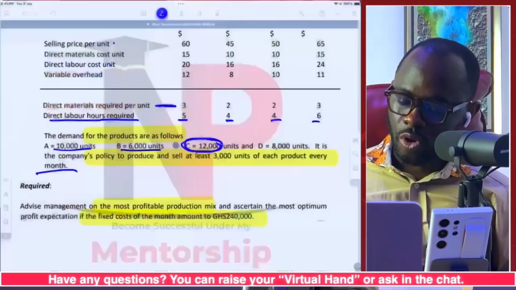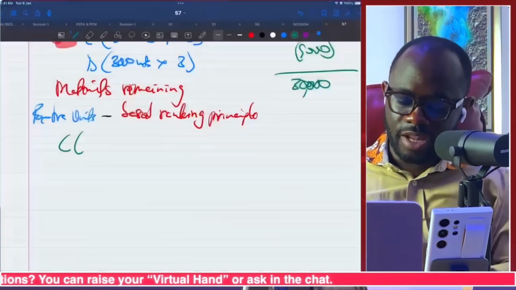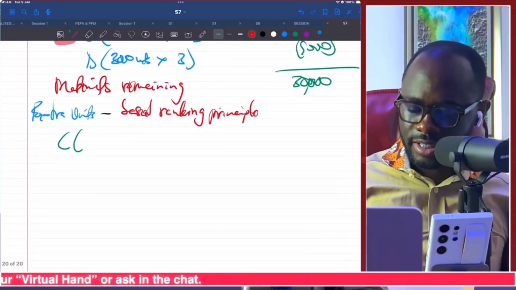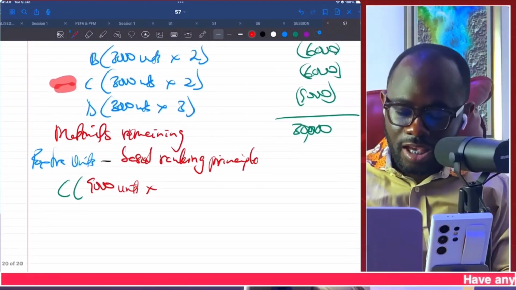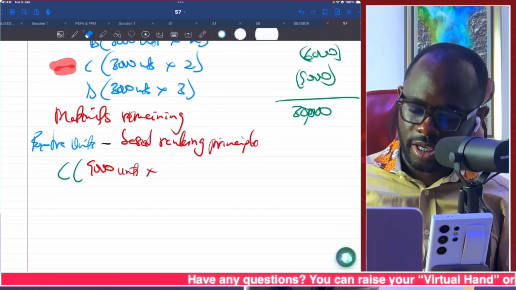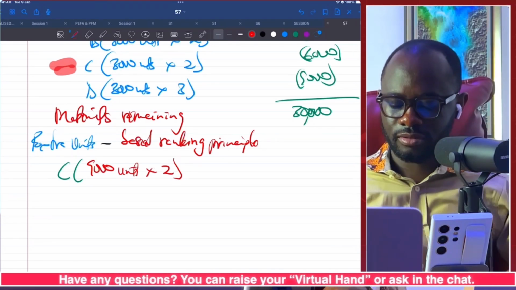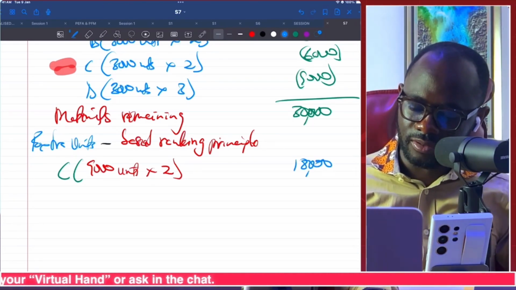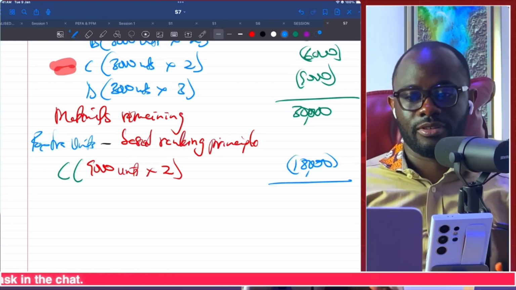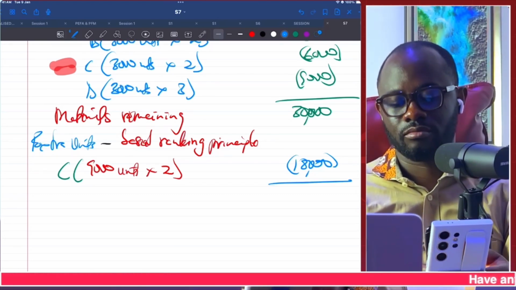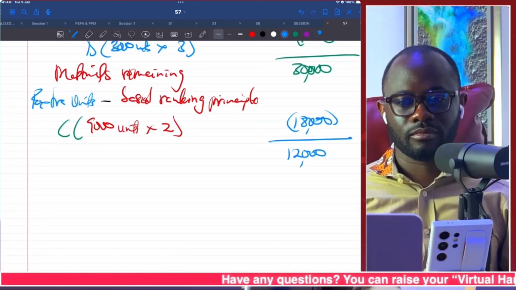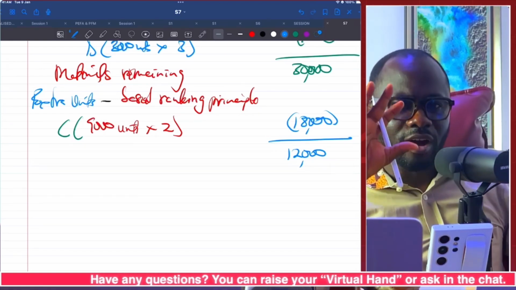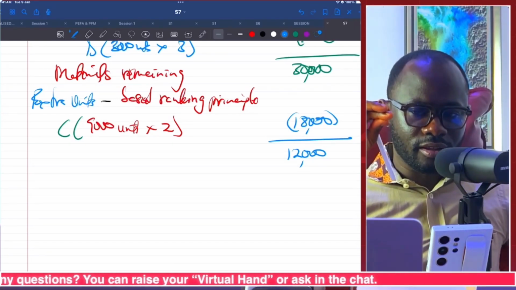So we need 12,000 of C. We've done 3,000 already, so we'll be left with 9,000. C requires 2 kilograms of material. So 9 by 2 is 18,000. We take it out, and we are left with 12,000. So far, we'll make all the units of C.